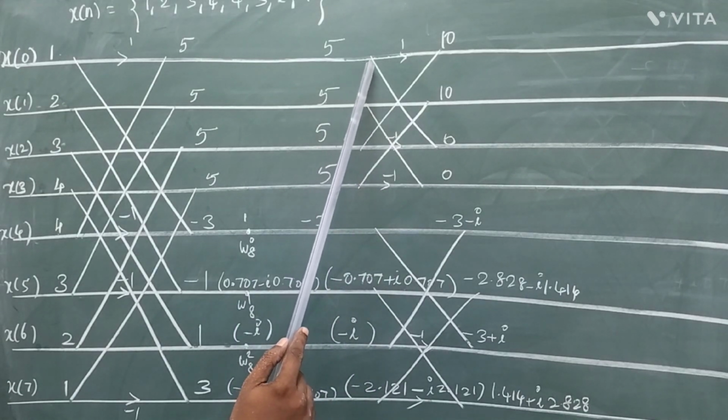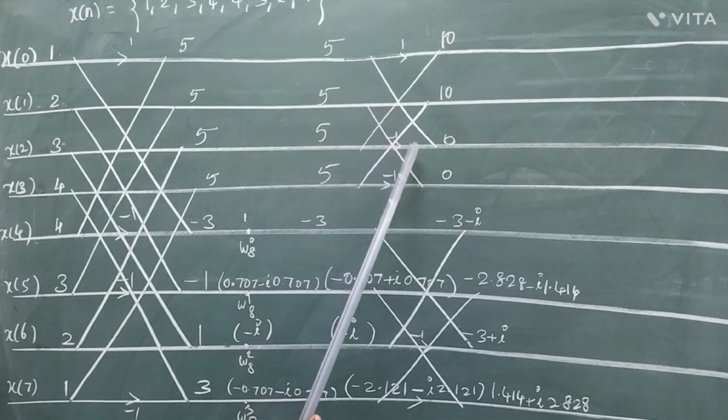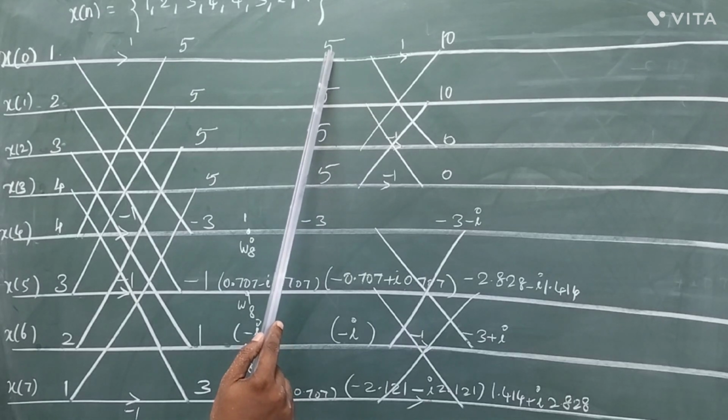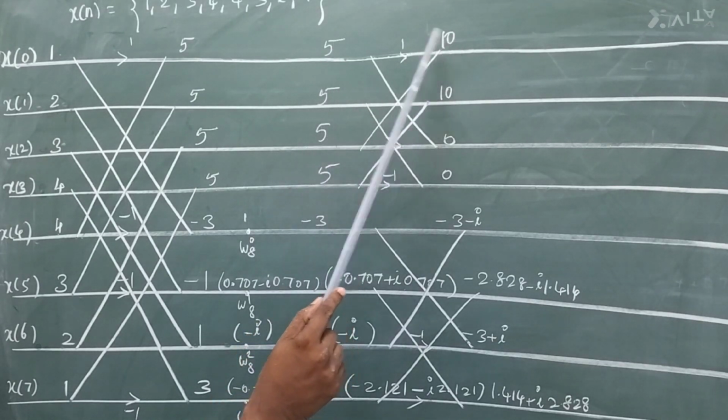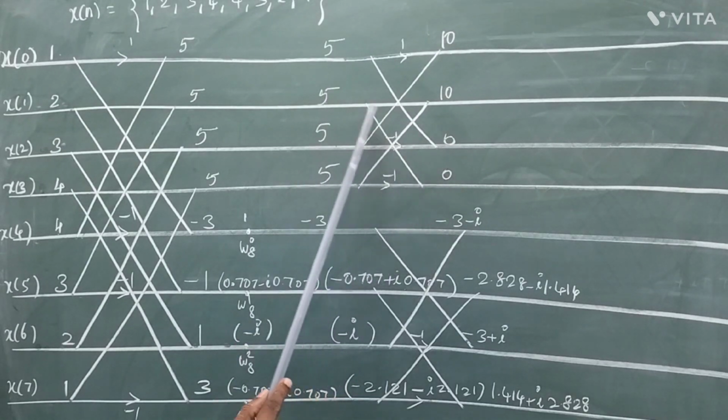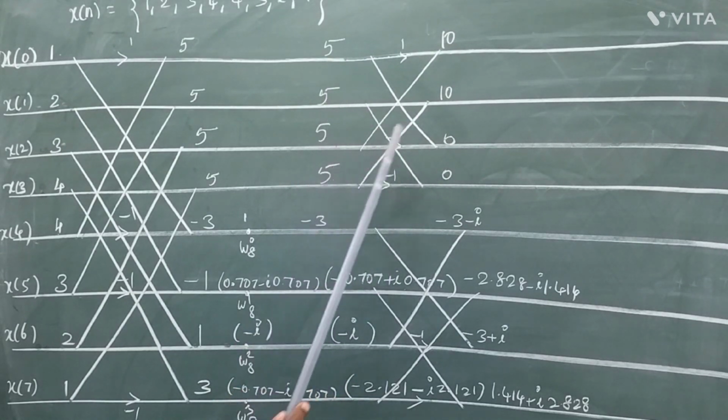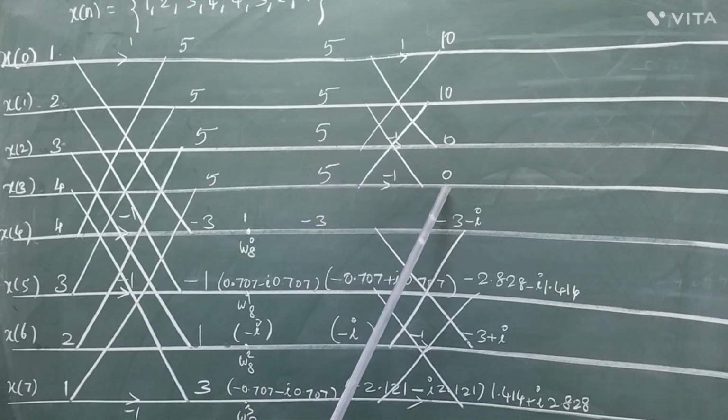In stage 2 we take the alternate lines, that is x of 0 and x of 2. For x of 0, the input samples are 5 and 5: 5 plus 5 is 10, 5 minus 5 is 0. For the second, 5 plus 5 is 10, 5 minus 5 is 0.